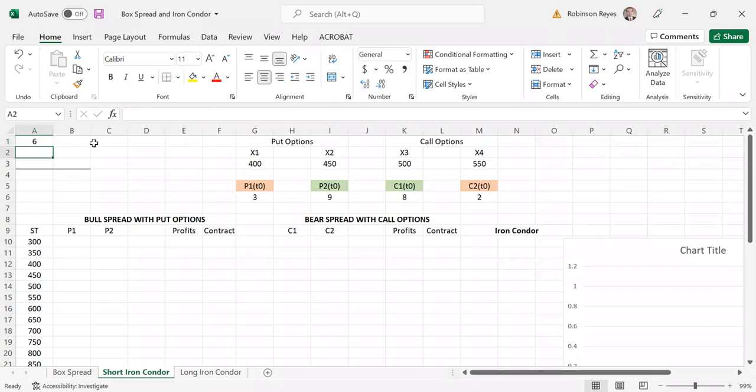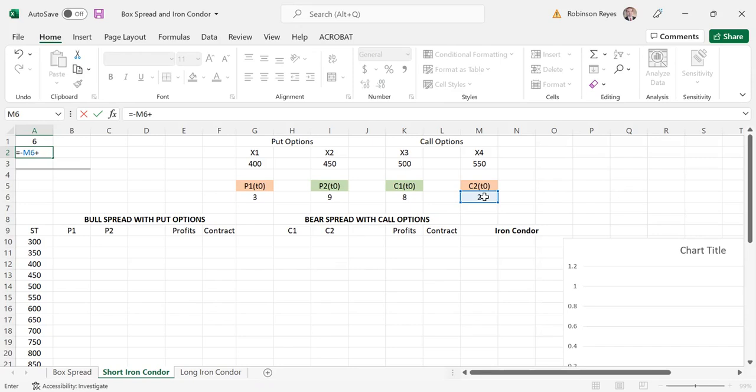Now the second leg of this iron condor is the bear spread with call options. For a bear spread, we buy the high strike, we sell the low strike, and we're forming it with call options. So it's an outflow, we need to pay for it. We're going to buy the high strike, which is X4, and the premium is 2.